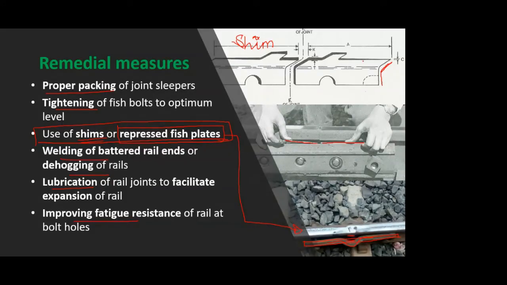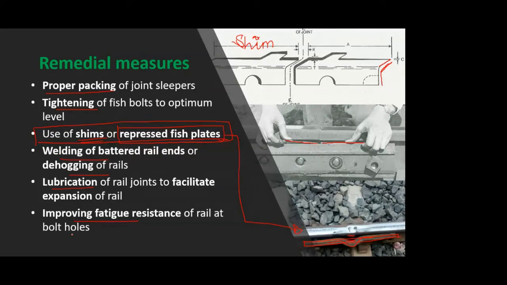The vertical section goes inside between the rails and the fish plate, and the horizontal section comes on the top of the fish plate. So this again reduces the evil effect. It suppresses the noise, and it increases the load transfer capacity and strength of your joint overall. So these are some of the remedial measures.